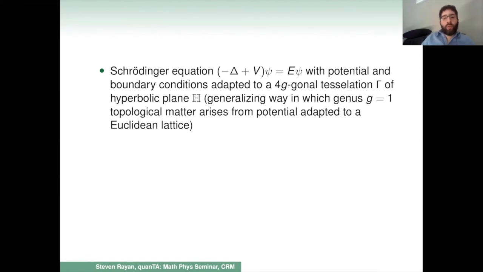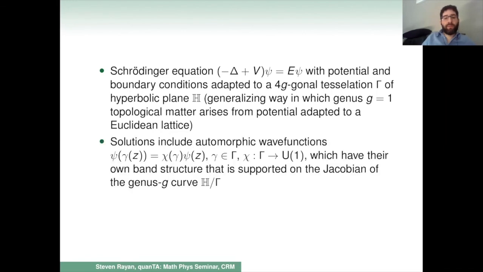And that's where your torus is coming from. Well, the key here is to use a potential and boundary conditions adapted to a 4g-gon tessellation of the hyperbolic plane. And here delta is the hyperbolic Laplacian, so the Laplace-Beltrami operator. And yes, again, this generalizes the way in which we did this in the Euclidean lattice to get an ordinary topological material.